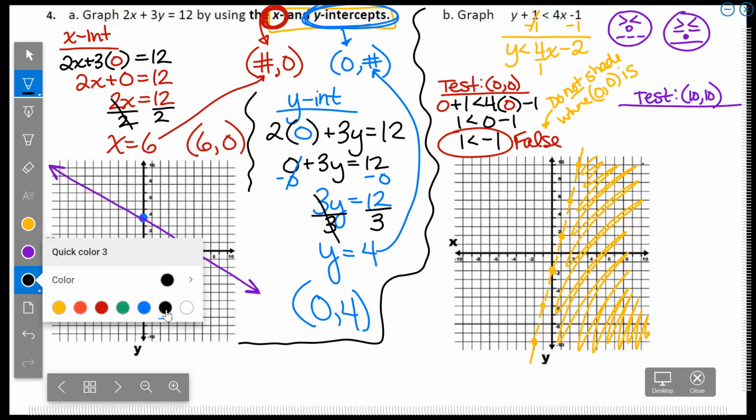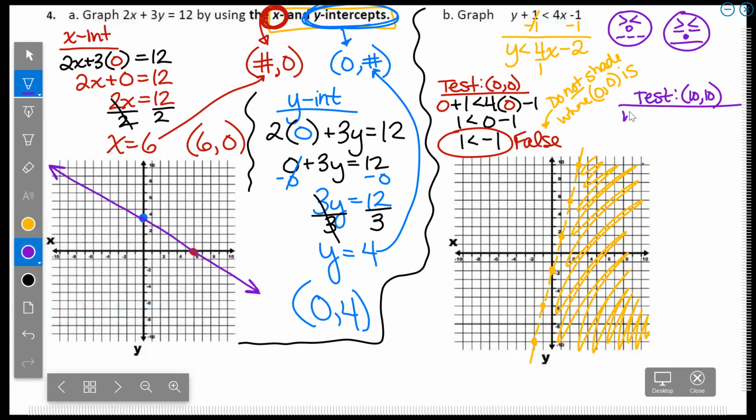I'm coming back up here. I'm going to recopy this original inequality, but I'm going to put a 10 in the place of the x, and I'm going to put a 10 in the place of the y. So I have 10 plus 1 over on the left is less than 4 times 10 minus 1 on the right. What is 10 plus 1? 11. What is 4 times 10? 40.